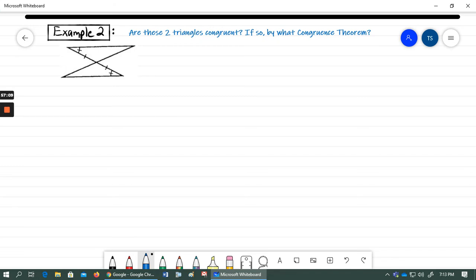Example 2. Are these two triangles congruent? If so, by what congruence theorem? All right. So folks, again, remember that we have 5 congruence theorems that we've talked about, and those 5 that we have to choose from are side, angle, side, angle, side, angle, angle, side, and hypotenuse leg.